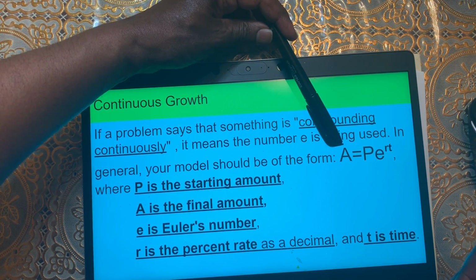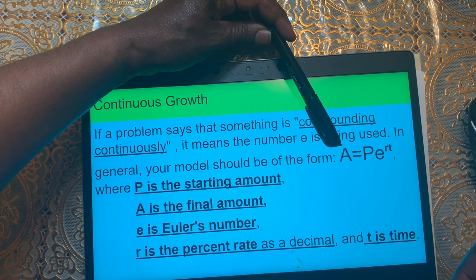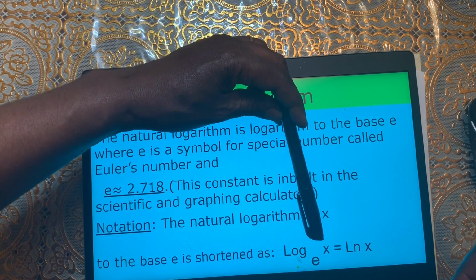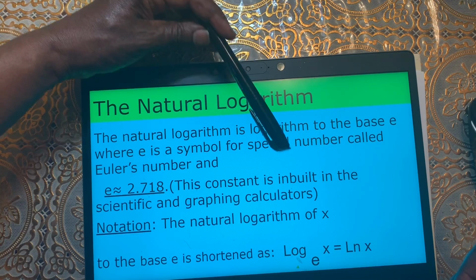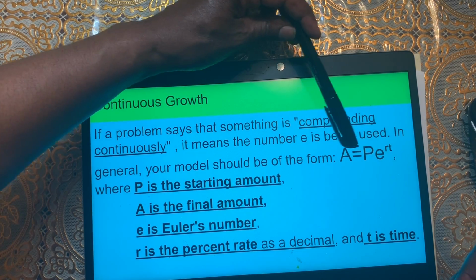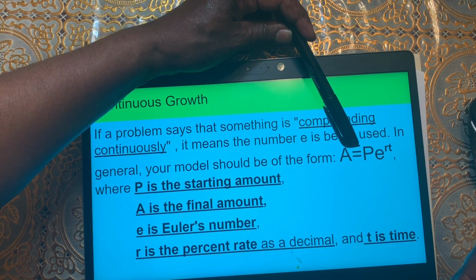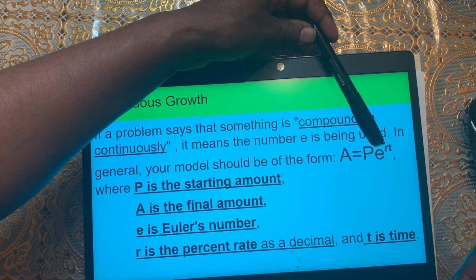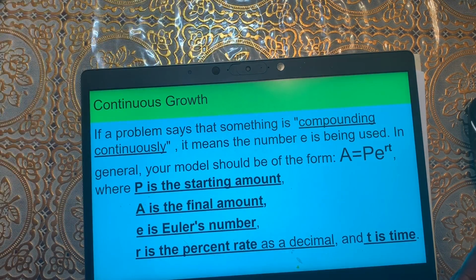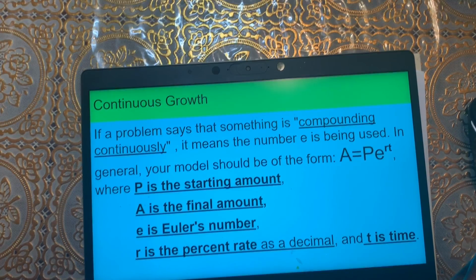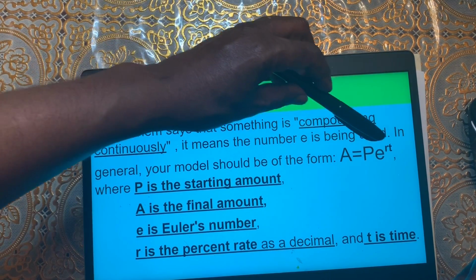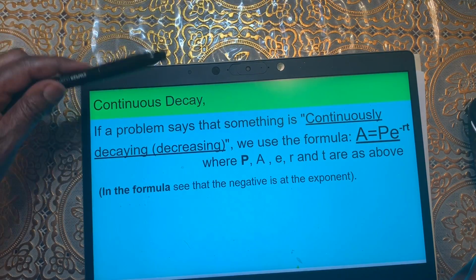When we apply it, how we go to ln will be determined as we see the examples, because we are changing this exponential equation to logarithmic, and the base would be e. If it is decay, the only thing is that rt changes to negative.